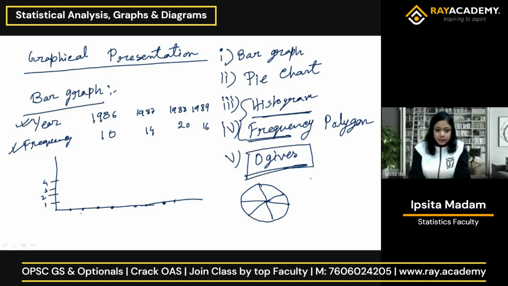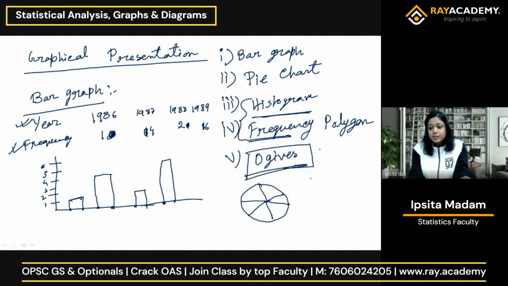Suppose for 1986 the value is 4, for 87 it is 1, for 88 it is 2, for 89 it is 6. This is our bar graph.